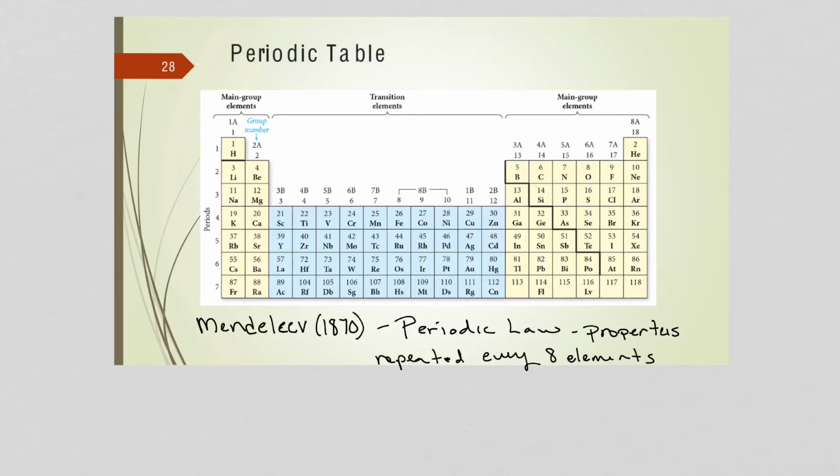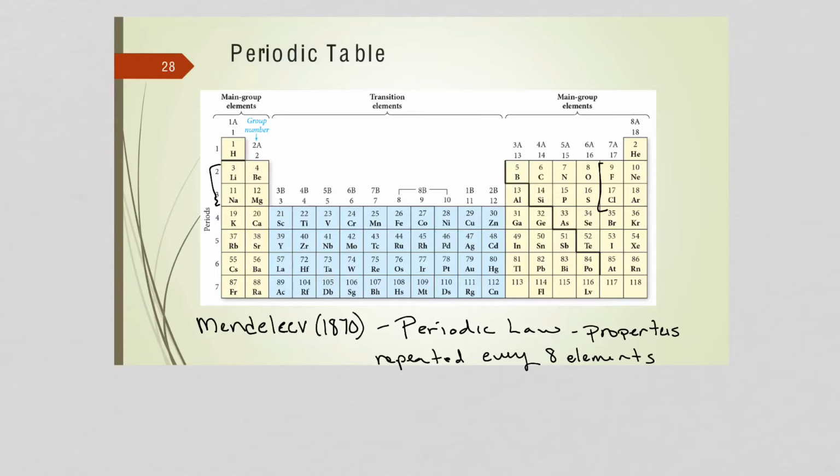And with the known elements of the time, Mendeleev made this observation, and he put these elements that had these repeating patterns, for example lithium and sodium, or other elements, fluorine and chlorine, that displayed similar properties.